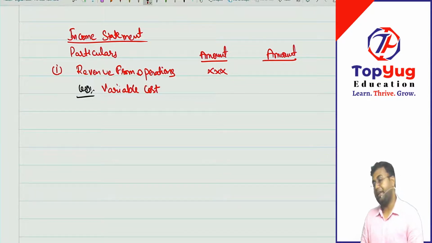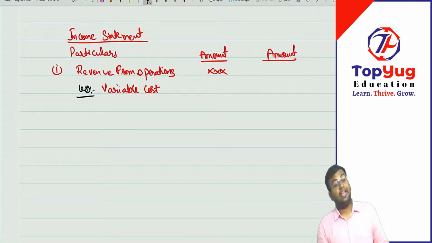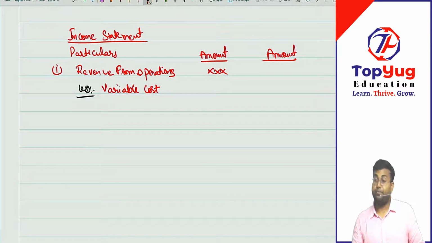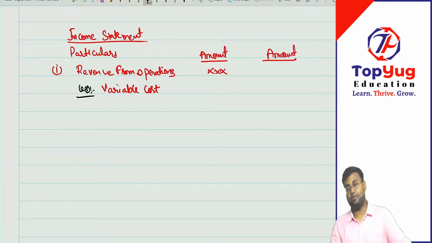Variable cost. Why? Can you have revenue without variable cost? Is it possible to have revenue without variable cost?